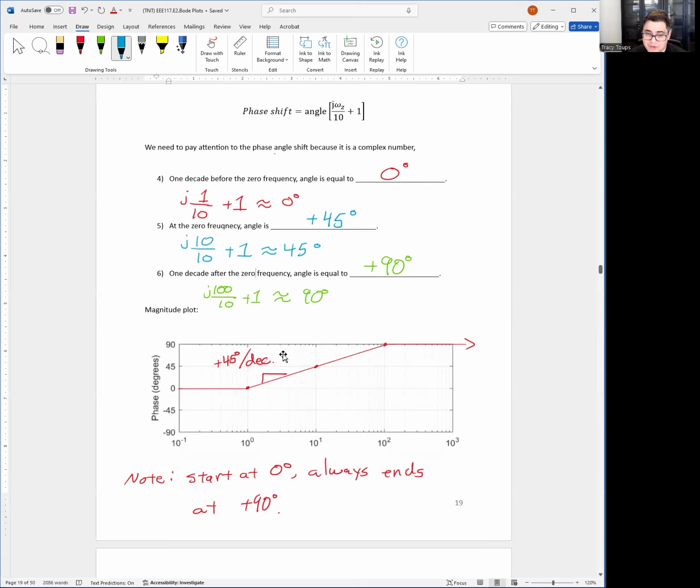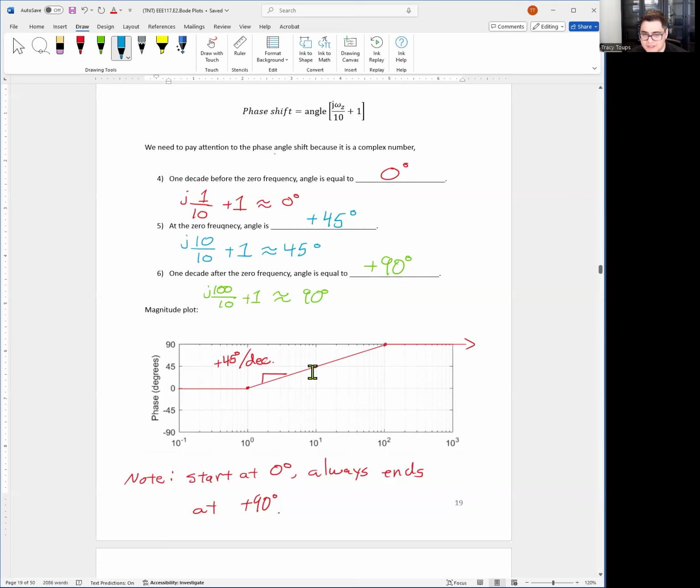So graphically, what you could do, remember our zero is at 10 for now. We're going to put a dot at positive 45 degrees at 10 for the individual zero. Go a decade below, at 1, that's at 0 degrees. Go a decade after, at 100, is positive 90 degrees up here. And it's going to flatten out at positive 90 degrees.